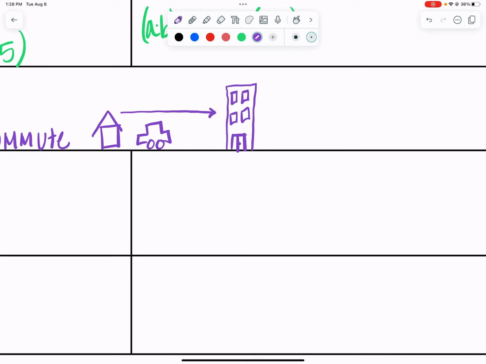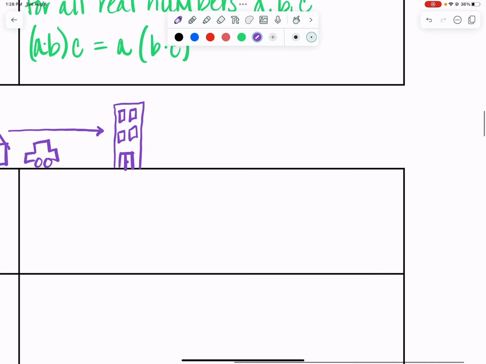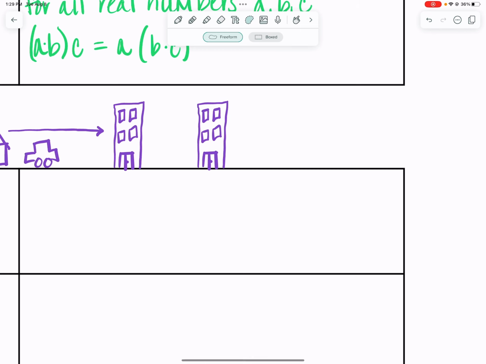Then, in the afternoon, I leave work. I'm going to cheat. And then I go home. So I'm going to hop in my car, and I am going to cover exactly the same distance.